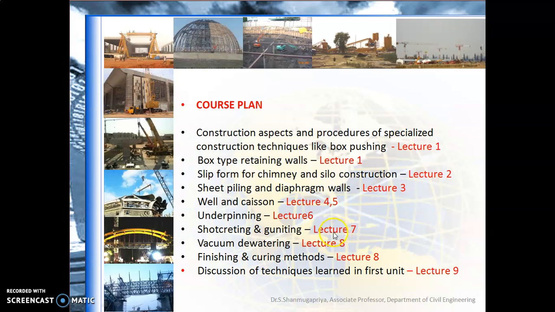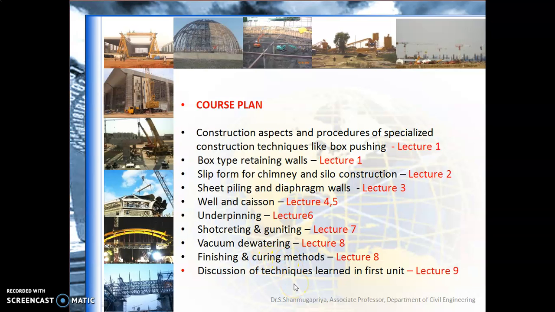In the seventh part of the lecture, we will be discussing two techniques called shotcreting and guniting, and we will also understand the differences between shotcreting and guniting and the construction process involved in these two techniques. In the eighth part, we will be discussing vacuum dewatering methods, as well as finishing and curing methods.